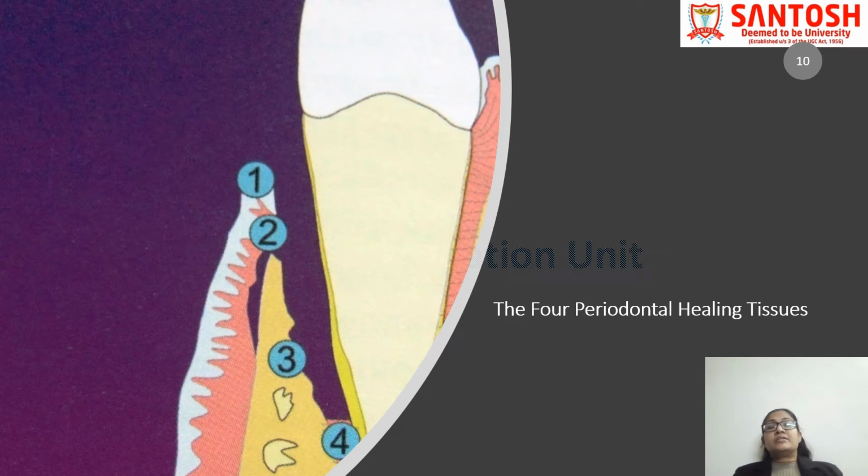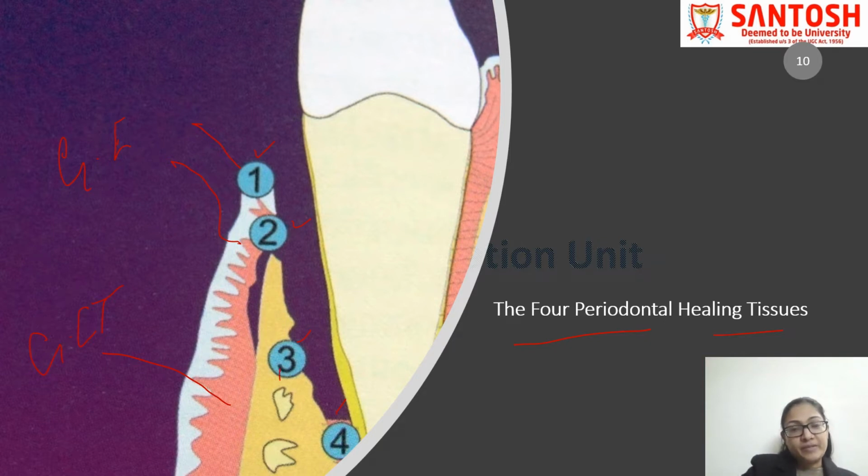Okay. So how does regeneration basically take place? When you talk about the periodontium, you have the four periodontal healing tissues, numbered 1, 2, 3, and 4. The first compartment is the gingival epithelium. The second compartment, this one here in pink, is the gingival connective tissue.